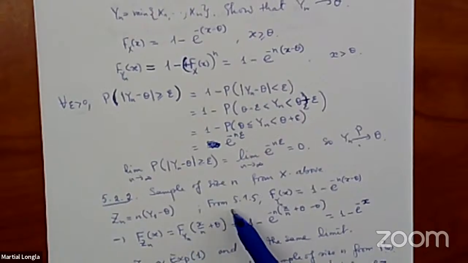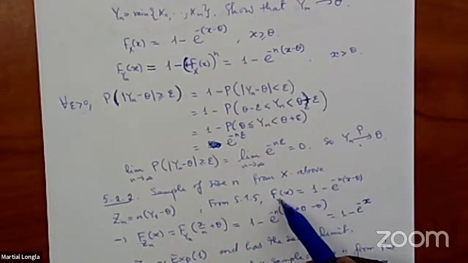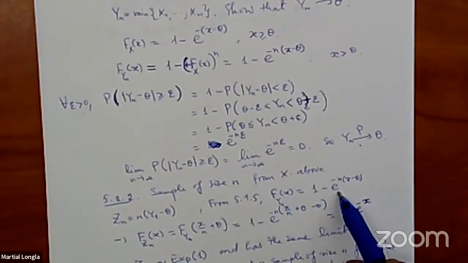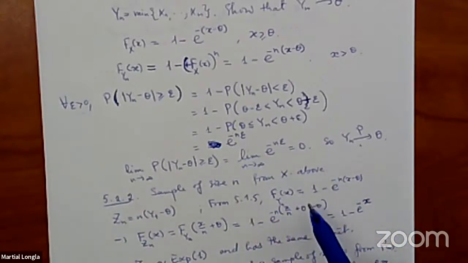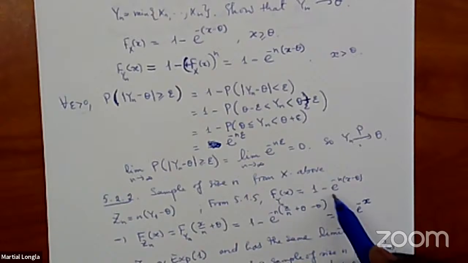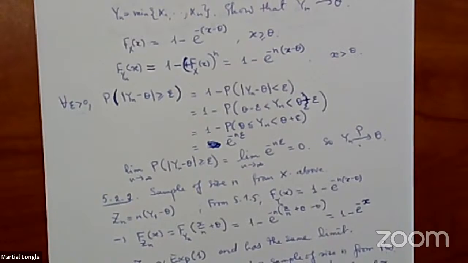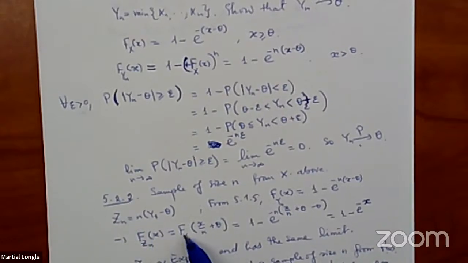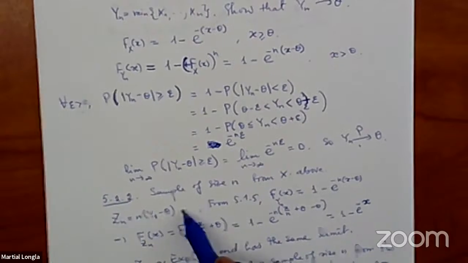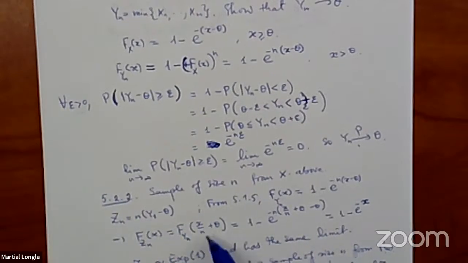And so the distribution of capital Yn was given in the problem up here. So we just copy it down. And then we find the CDF of Zn. What's the CDF of Zn? It's the CDF of Yn at the point x over n plus theta. How? Just write the probability that Zn is less than x and solve for Y1.